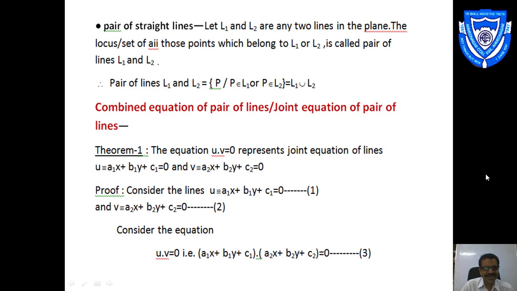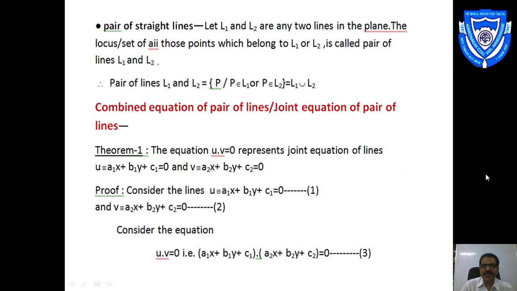So in the next title we are going to discuss the mathematical equation of L1 union L2, or the mathematical equation of pair of lines L1 and L2. The next title: combined equation of pair of lines, also called the joint equation of pair of lines.